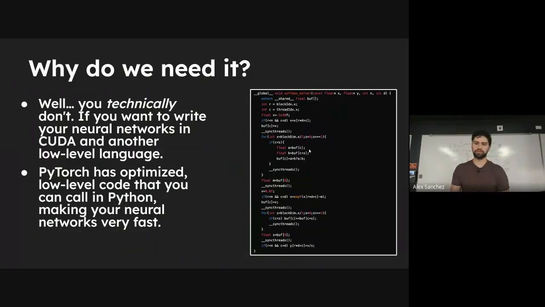You have to deal with a lot of different things, a lot of memory management, things that make this suboptimal for actually training these high-level neural networks. So again, PyTorch, underneath the beautiful Python and NumPy-like syntax, we have all of these CUDA kernels that are making this work.